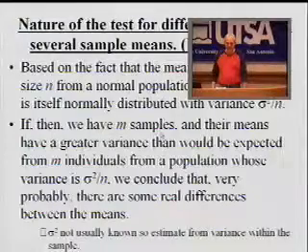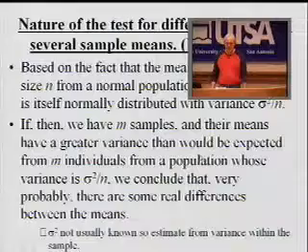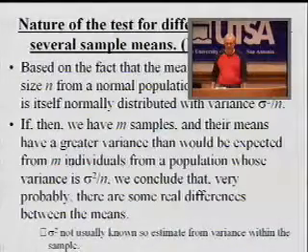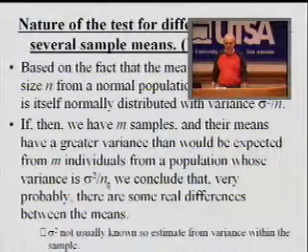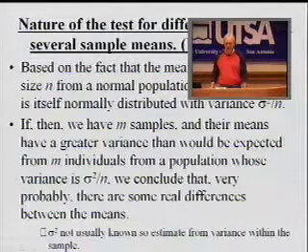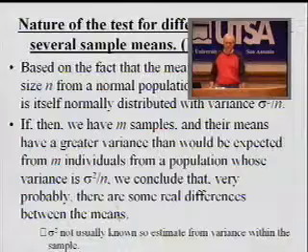If then we have M samples and their means have a greater variance than would be expected from M individuals from a population whose variance is the variance divided by that sample size, we conclude that very probably there are some real differences between the means.